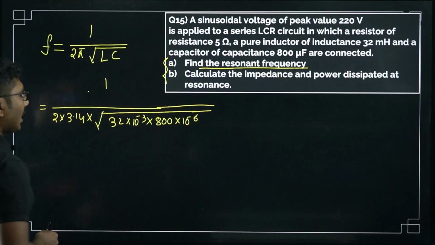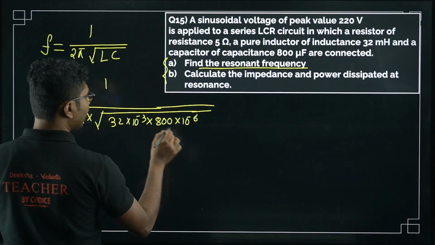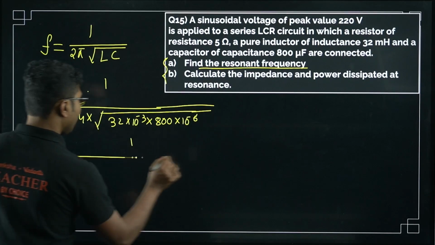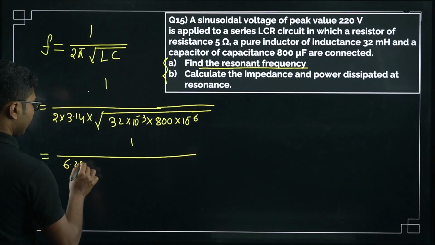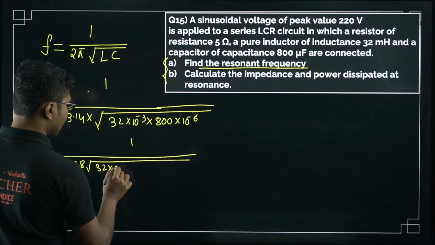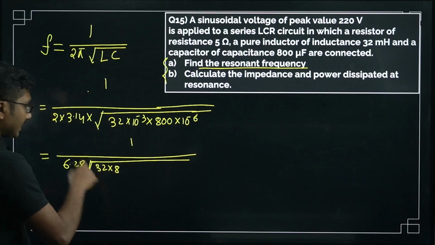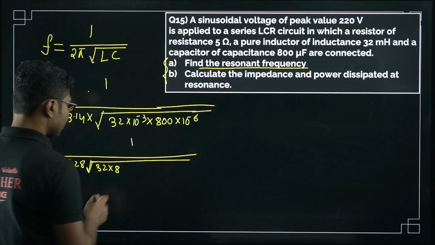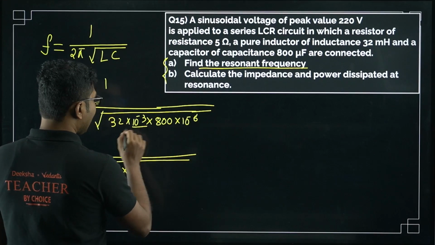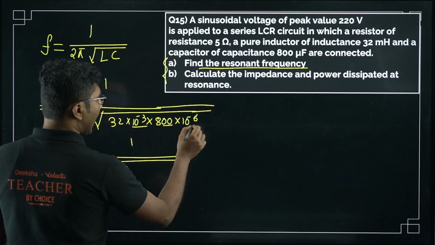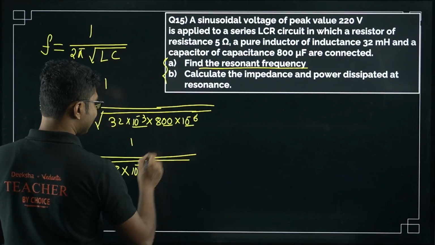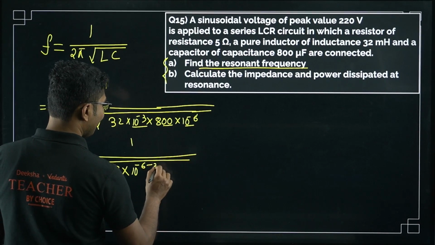Now we have to carefully cancel the zeros first. This is just about mathematics. 6.28, 32 into 8, let us separate. We will try to see if we can take the square root of these two numbers. Now 10 to the power of minus 3, then we had 2 zeros here and we had minus 6 here. So 10 to the power of minus 6 minus 3 plus 2, right?